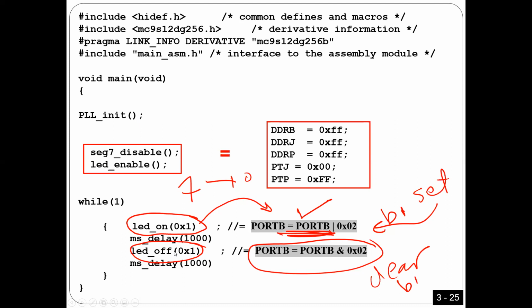But again, you should understand from this slide what is the difference between assembly and C, right? In order to program using assembly, you have to know the hardware, you have to know the details, you have to know that LEDs are connected to port B. That is why you have to configure port B as output.